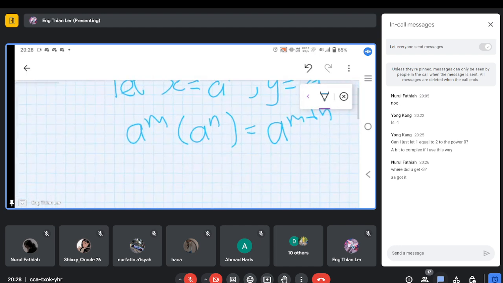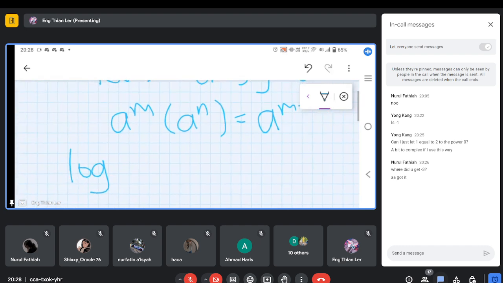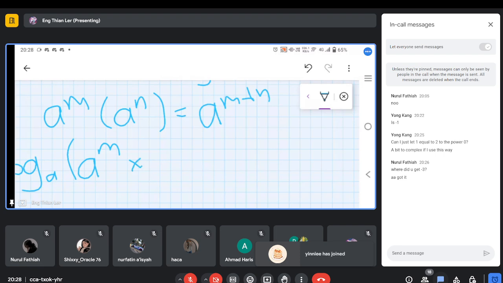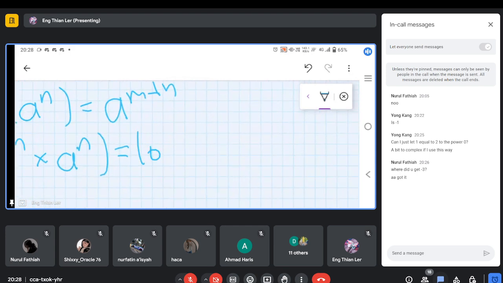But when we take both sides to the log of base a, log base a of a to the power m times a to the power n equal to log base a of a to the power m plus n.